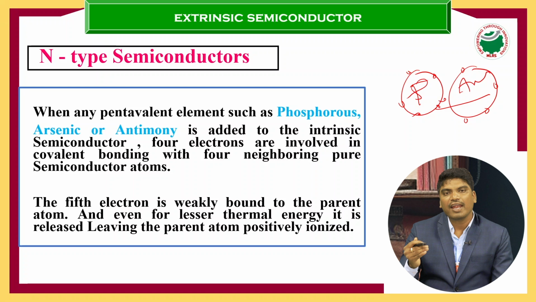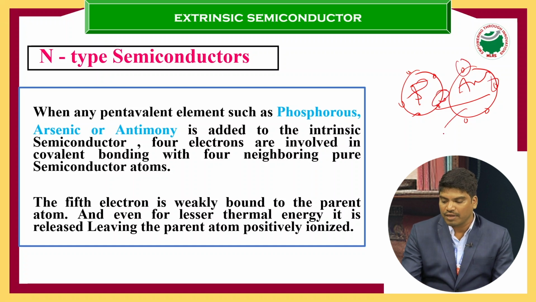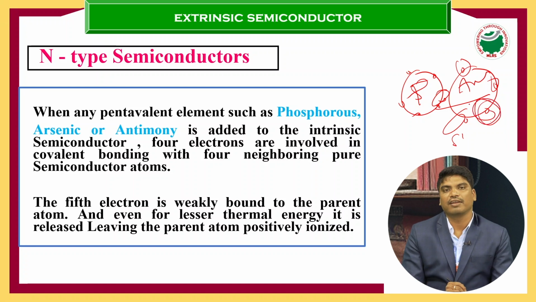So when we add this pentavalent element to the pure or intrinsic semiconductor, what happens? 4 of them make 4 covalent bonds with the adjacent silicon or germanium. 1 electron in the valence band becomes idle. That means it doesn't share with any neighbor atom. It becomes free, so it acts like an extra electron.